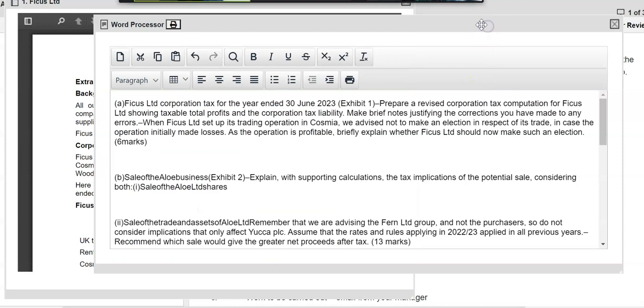So if we come back to the answer part, if you go to the requirement again, it says that Fiscus corporation tax liability, prepare revised corporation tax computation, right? And we also have to make some brief notes.